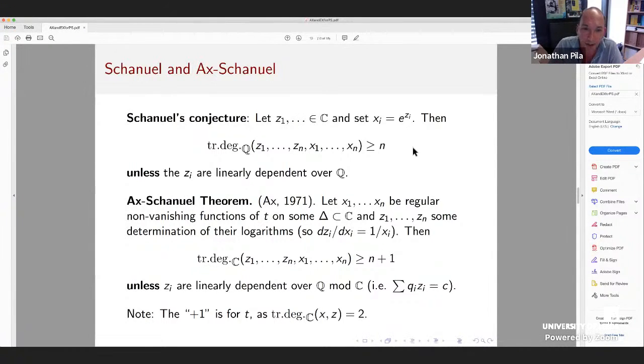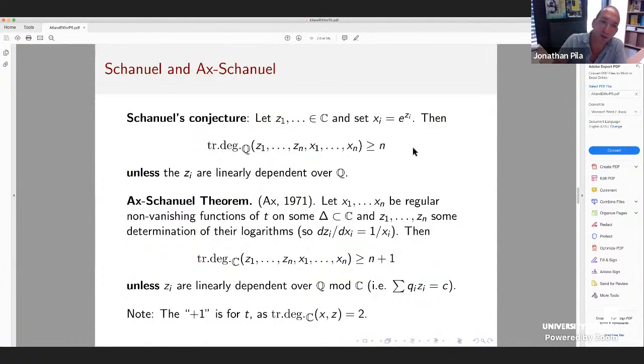Then the transcendence degree over C of the field of functions generated by the xi's and the zi's is at least n plus 1, unless the zi's are linearly dependent over Q mod C, meaning that there's a non-trivial relation sum of qi zi equals c, where the qi's are rational numbers, not all zero, and c is a complex number.